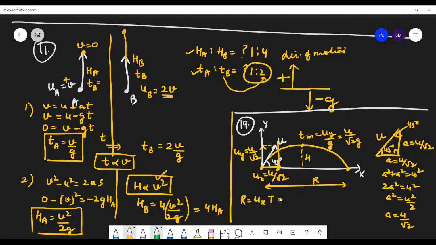So what is the time taken for the whole flight? That will be doubled. This was the time taken to reach maximum height, so the time of flight will be doubled. So ux is u by root 2 into double this, so 2u by root 2 g. So what do you get here?